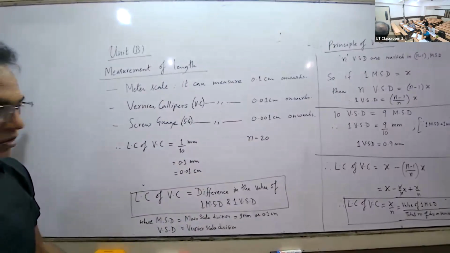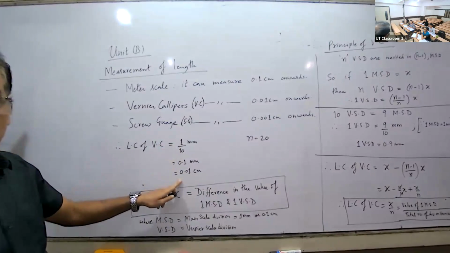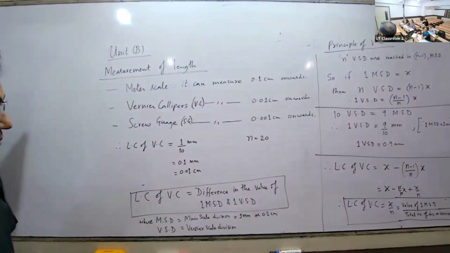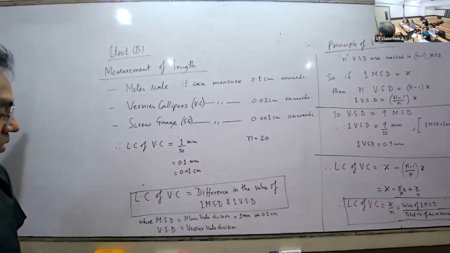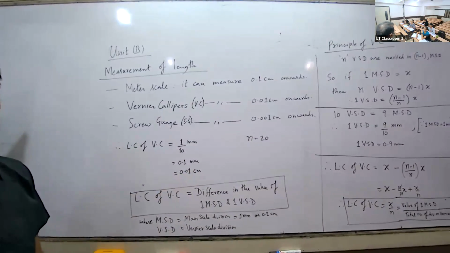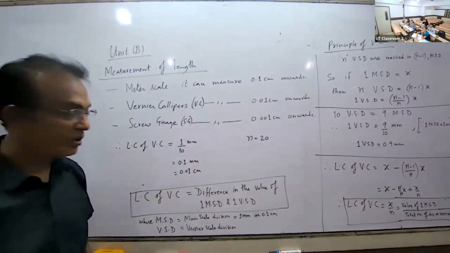Yes, because the main scale will always remain 1, it will be half of this. So what will it be then? 0.02. Yes, that's how it is done.